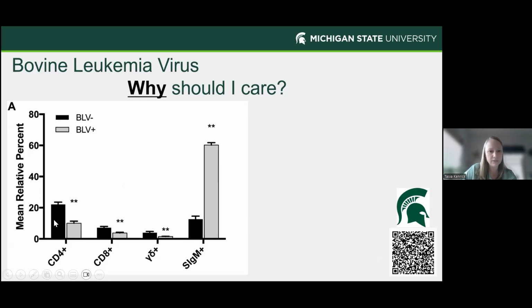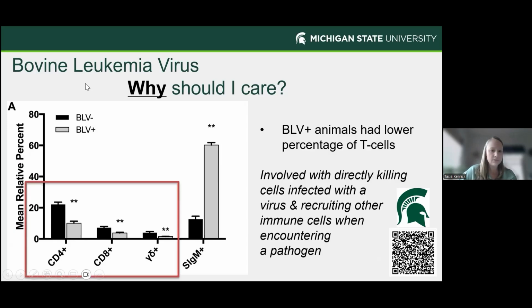The black bars on this graph are the percentage of cell types found in BLV negative animals of that study, and the light gray are the BLV positive animals. So CD4, CD8, the cells represented in the red box here, are T cells.